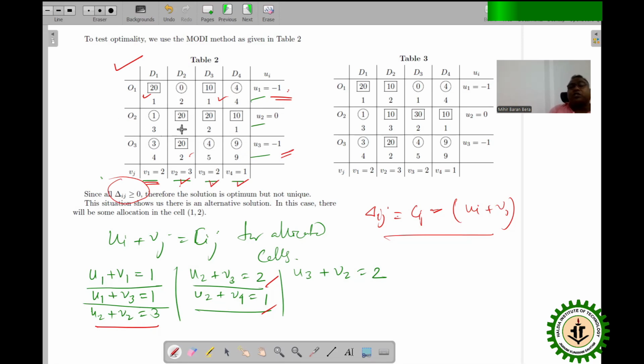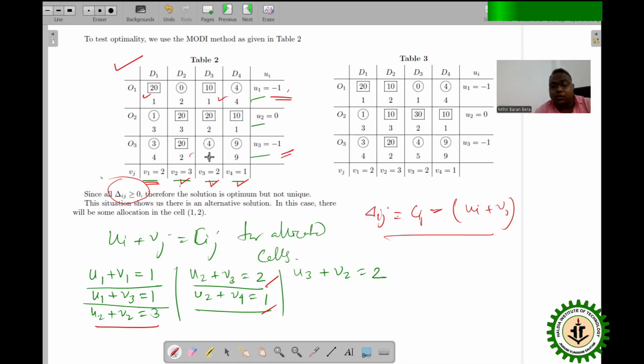This situation shows us that this transportation problem has an alternative solution. So in this case, there will be some allocation in cell 1, 2. Means there will be an allocation now.